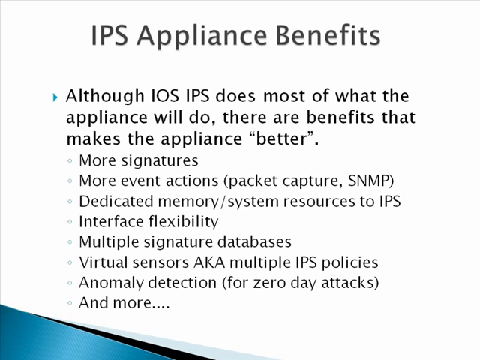It also does anomaly detection, and that helps look at traffic patterns for zero-day attacks that just came out and don't have signatures written for them yet, and some more stuff. So the appliance-based IPSs have a lot more bells and whistles, and are worth it as a purpose-built appliance to put in a data center or a large corporate network, etc.